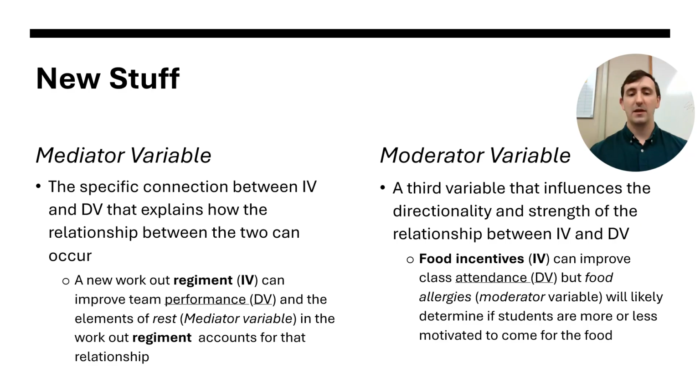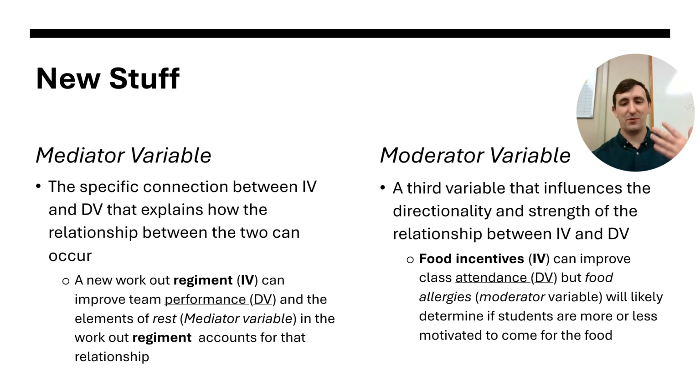The next variable that we're going to talk about is moderator variable, and you can see the definition there. This is a third variable outside of what we're controlling for that influences the directionality and strength of the relationship, right? So which way the relationship is going is here. So my example, I've got food incentives can improve class attendance, right?